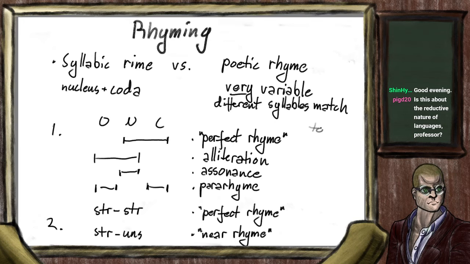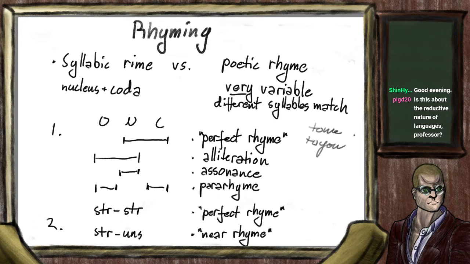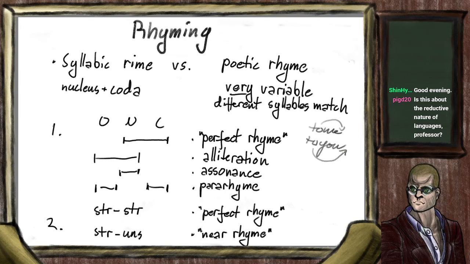For example, to me, to you. This is trivial in English. But if the grammatical functions go to the end, then it becomes trivial to produce rhymes at the end.